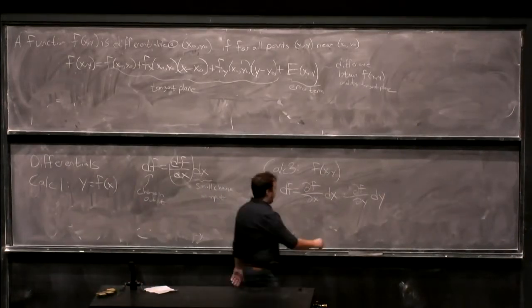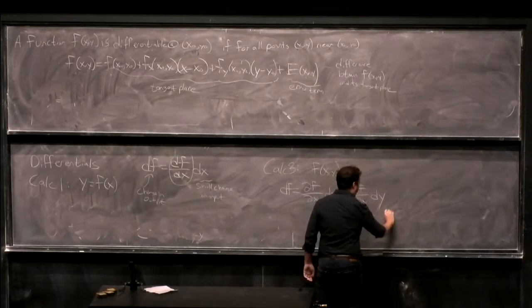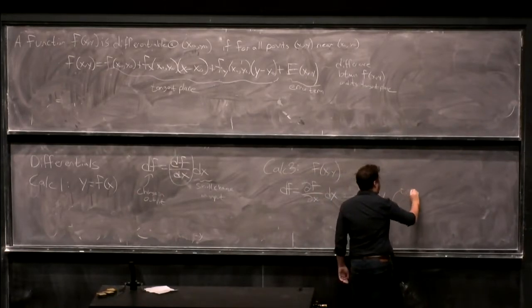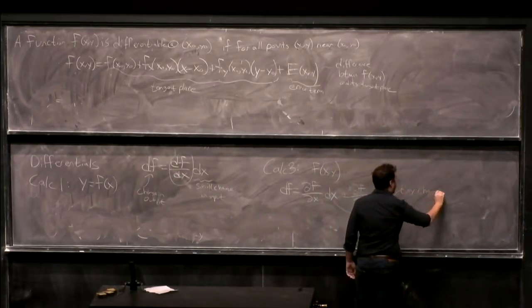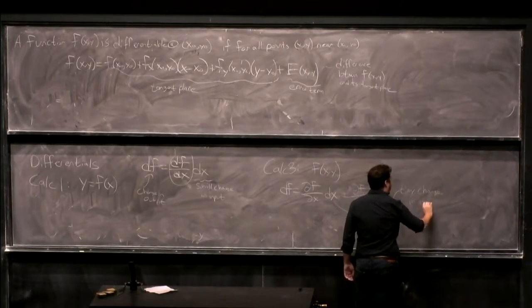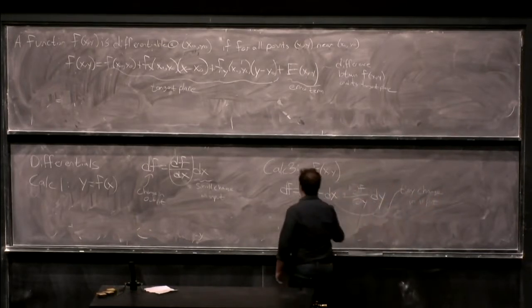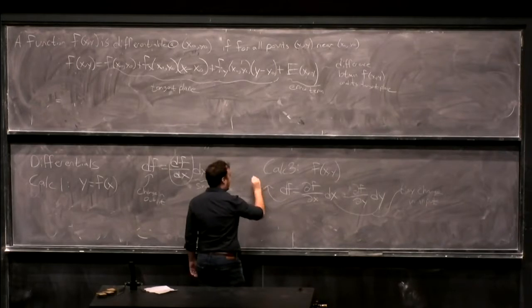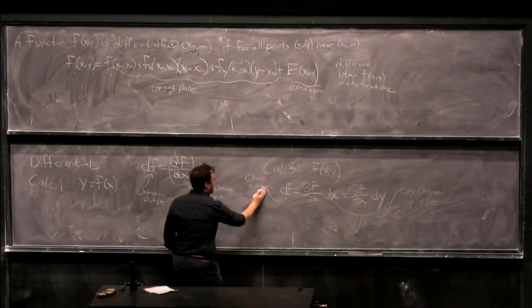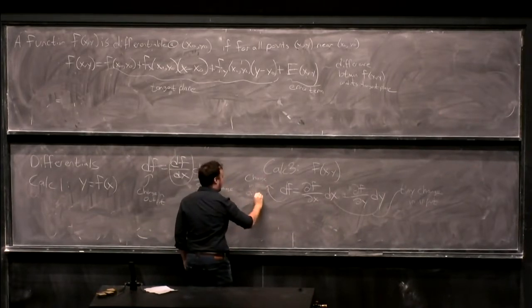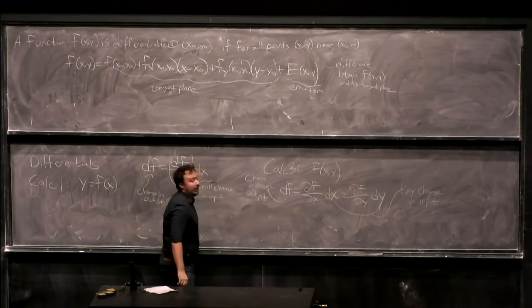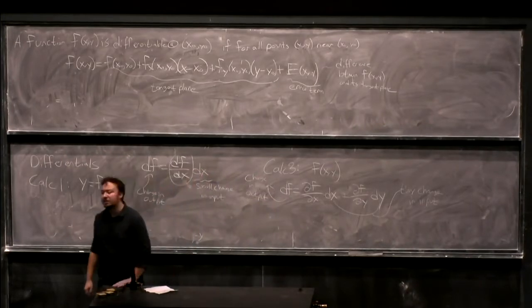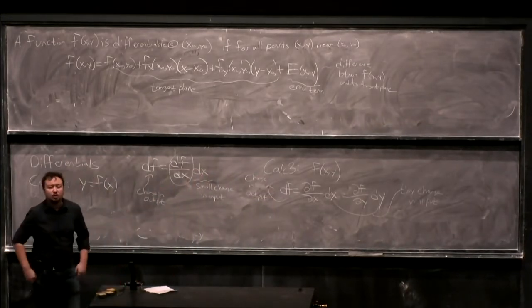So once again, these things right here represent a tiny change in the input. And then this right here is a change in the output. And the amount that the output changes depends on how big our partial derivatives are.